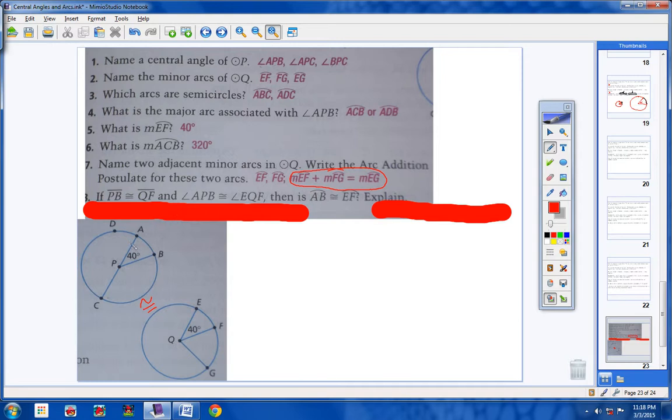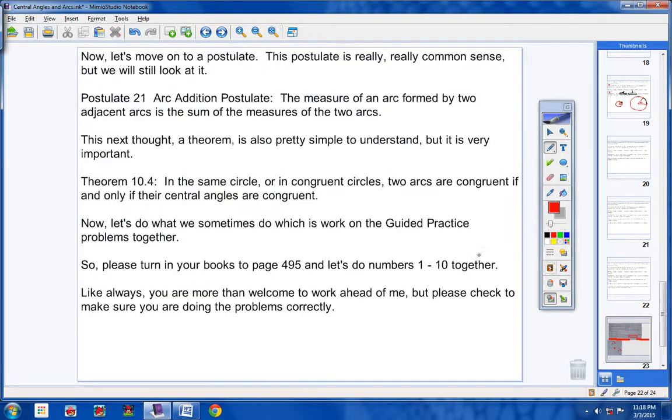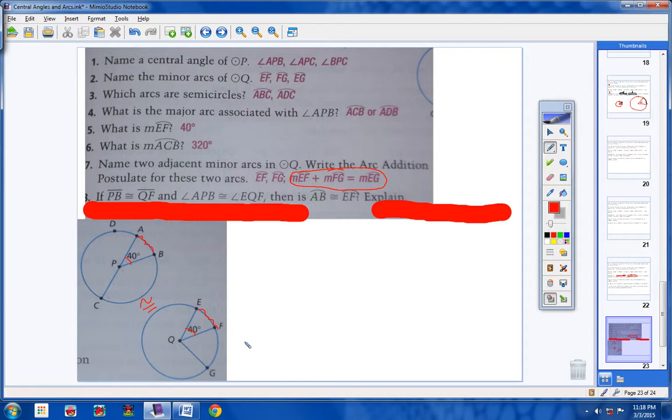So now I know the two circles are congruent. Let's continue on. Angle APB is congruent to EQF. So this angle here is congruent to this angle here. Then AB, this arc here, is congruent to EF. Well, students, we just looked at a theorem that said in the same circle, forget that, or in what? Congruent circles. That's what we have. We have two congruent circles.